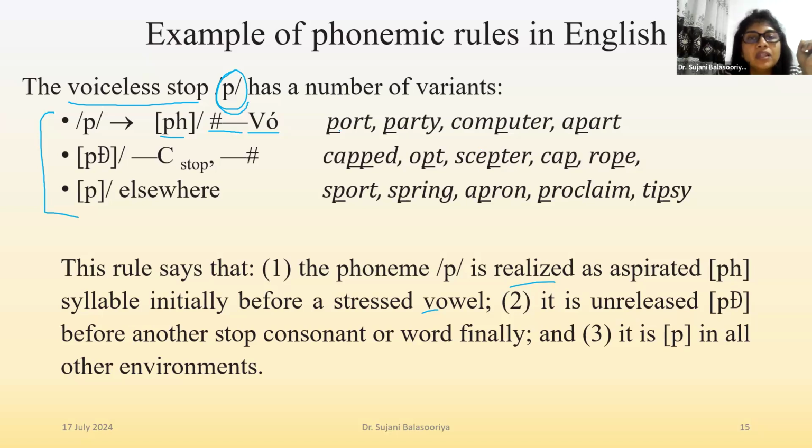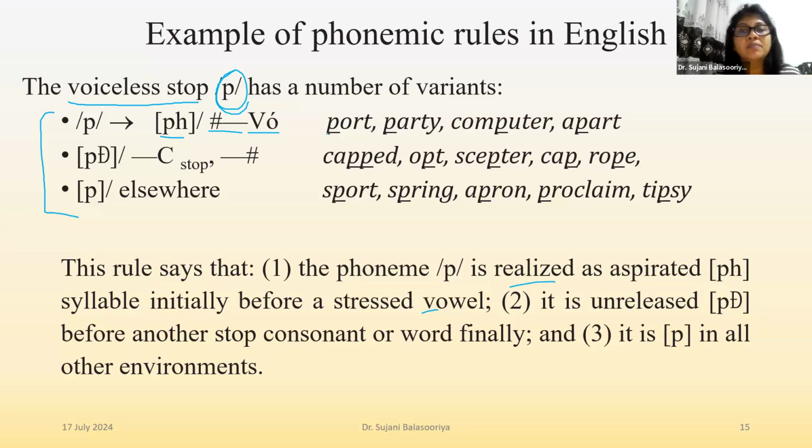Okay. This phonemic rule says the phoneme /p/ is pronounced with aspiration, or as aspirated [pʰ], when it occurs in front of a syllable or in front of a word, and the following sound is a stressed vowel sound. So here, first word, port. Actually, it is pronounced as port, but we say port. Right? That's a different story.